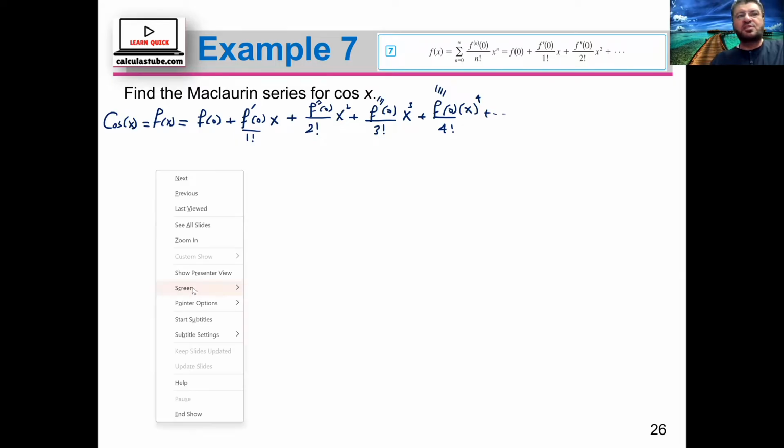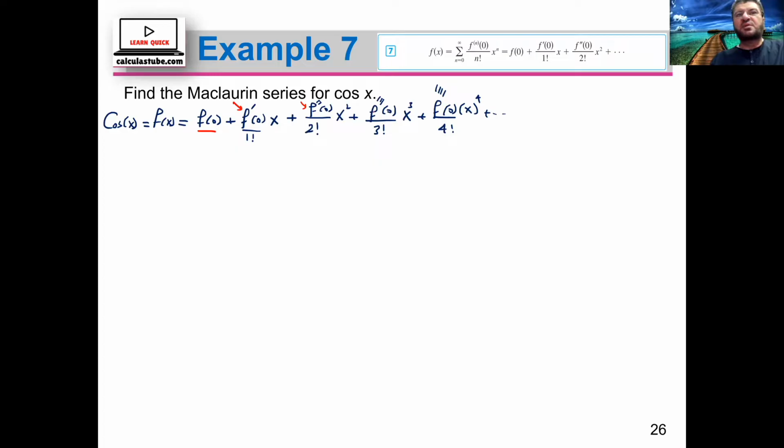Alrighty, so now let's find those values. Which values are we going to look for? We're going to look at f of 0, f prime of 0, f double prime of 0, triple prime, and it goes on. So what do we have here, guys? We have f of x. Go back to your function, it's cosine x. So this implies that f of 0 is cos 0, and we know that cosine 0 is 1.